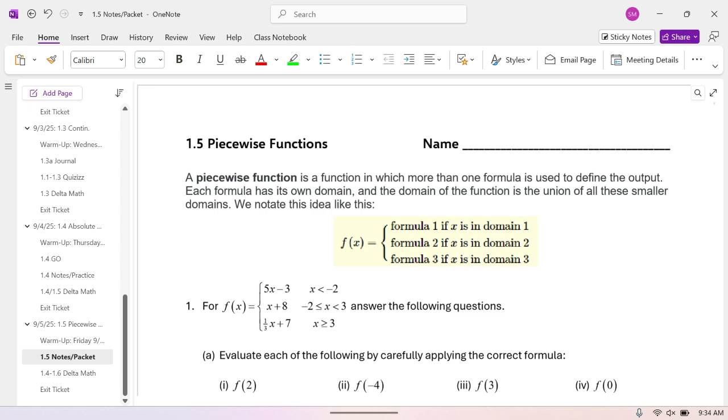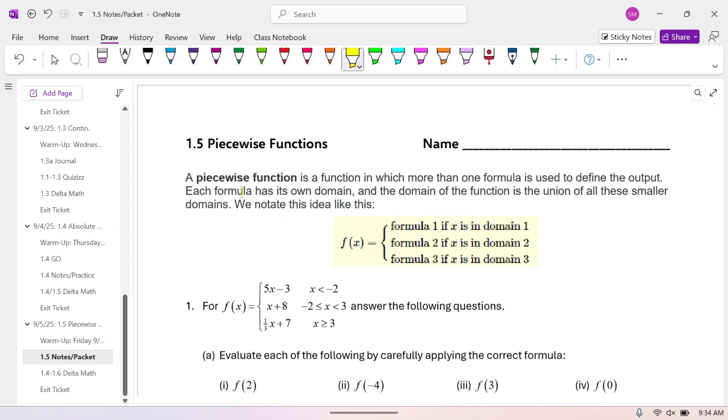Because you can have up to 3 different functions, all in the same graph, but depending on what the x value is and what the domains for those functions are, that would be the one that you use. So, like I just said, a piecewise function is a function with more than one formula used to define the output.